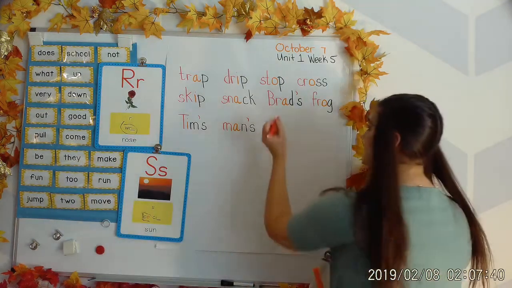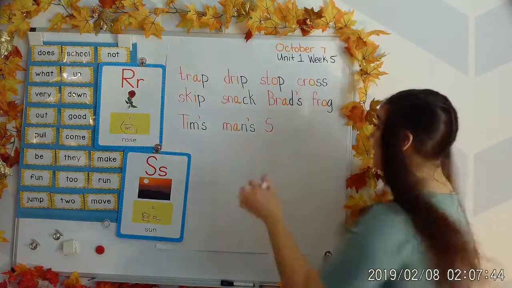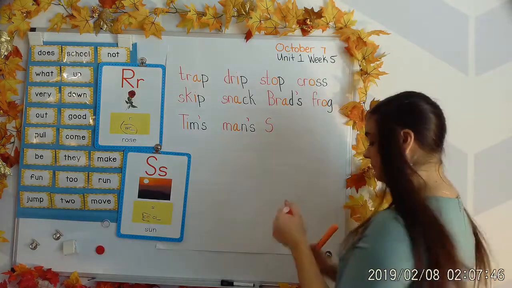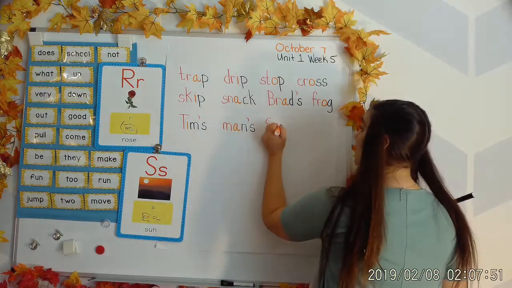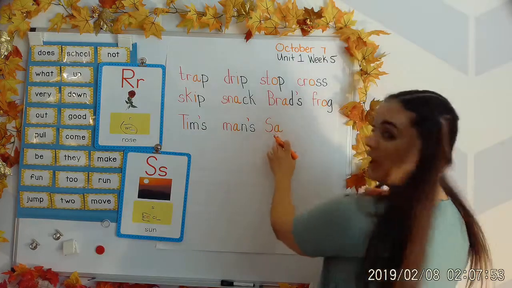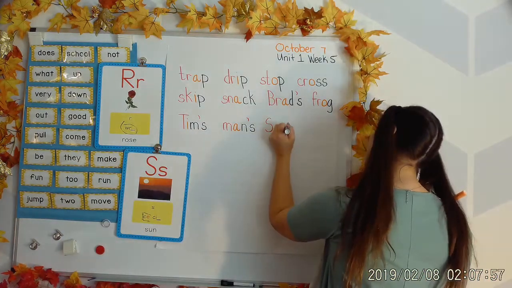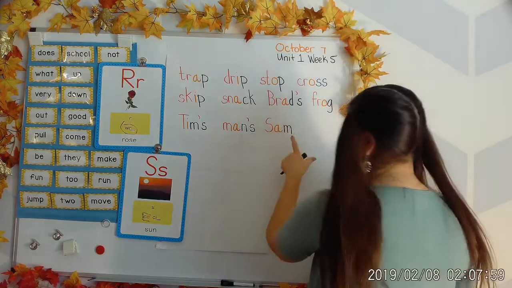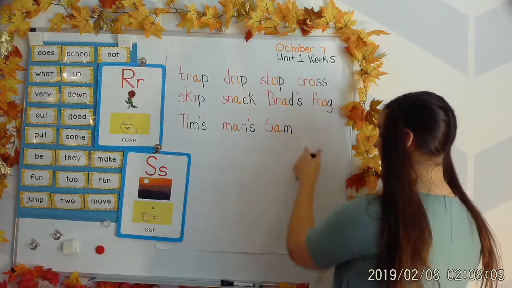Sam. I hear S at the beginning there. And since Sam is a name, we need to capitalize that S. And our elbow sound, that A, which says ah. And our wrist sound that says M, Sam.